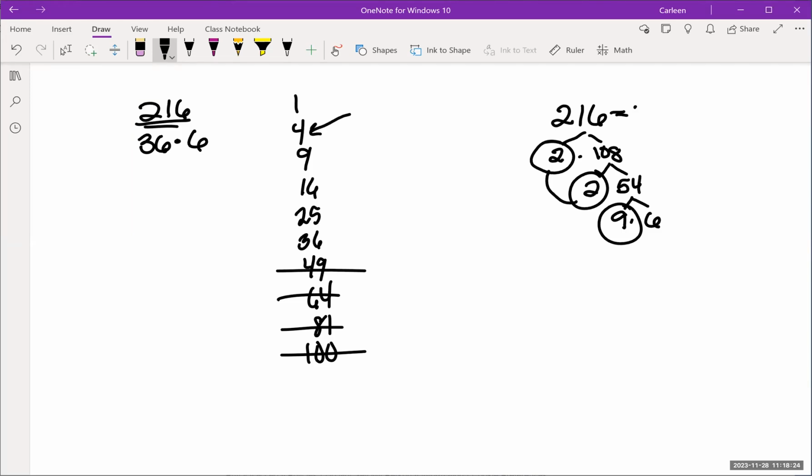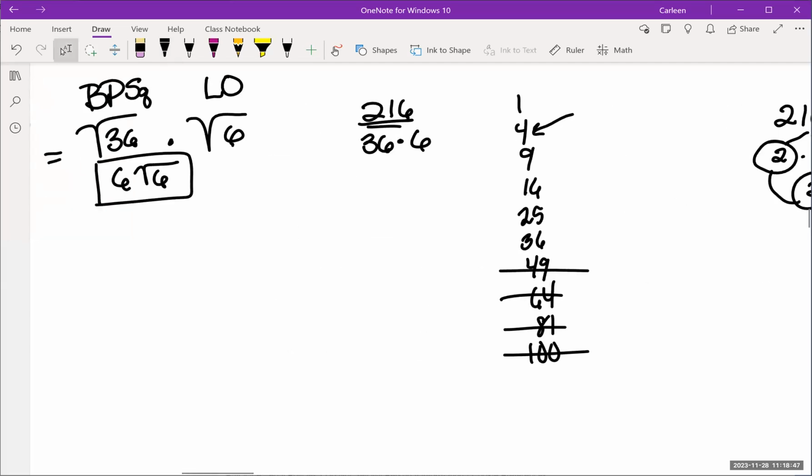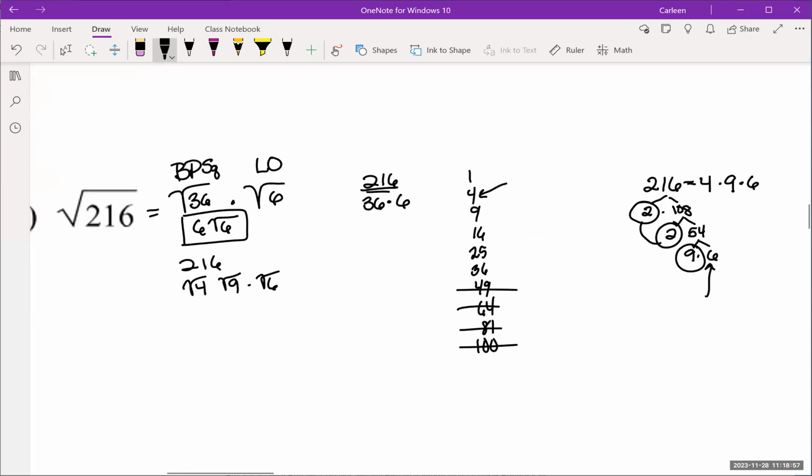Can we see that this is 4, 9, and did I forget anything? So here's method number 2. We could break it down into little perfect squares. So 216 is 4, 9, and 6. Do we like this method better?